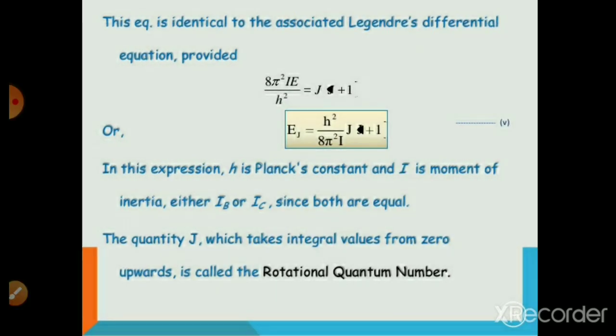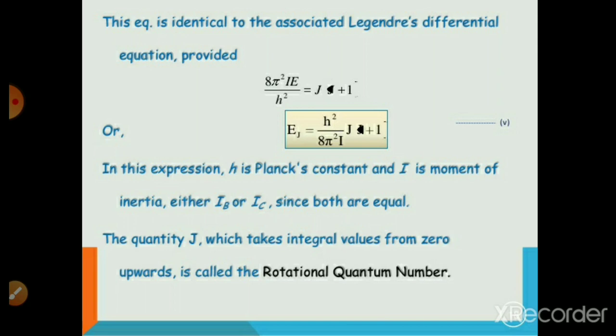This equation is identical to the associated Legendre differential equation, which is satisfied provided that 8 pi square I E by h square is equal to J into J plus 1, or E J is equal to h square by 8 pi square I times J into J plus 1.